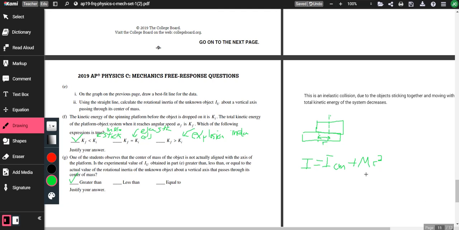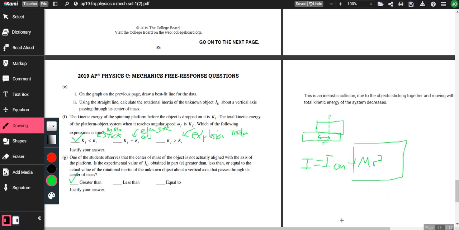So basically, the difference between the actual rotational inertia and the rotational inertia we calculated is going to be off by this factor. And that's pretty much it. So if we want to figure out what the actual rotational inertia is, we would have to subtract the mass of the object times the distance between their centers.